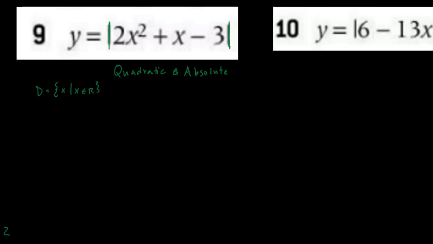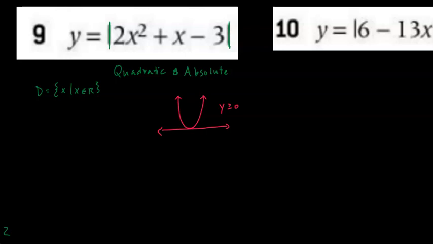And so if you think about it in that regard, you see this parabola is going to look like this. And if it's above y equals 0, then it's going to be fine. It's still going to be y is greater than or equal to 0.